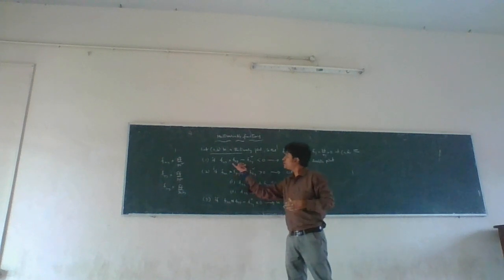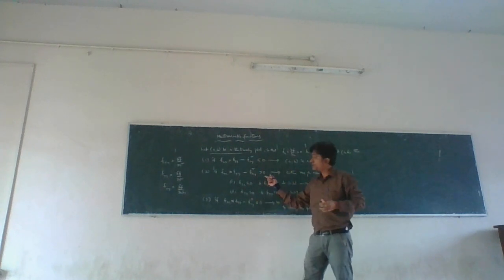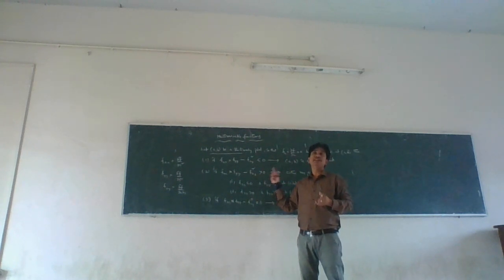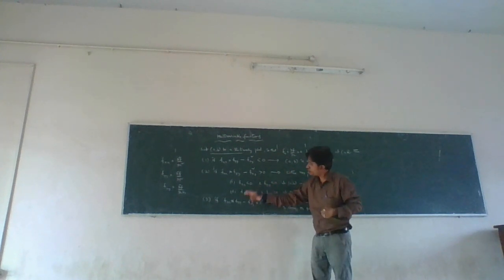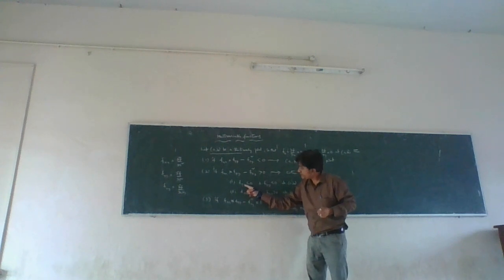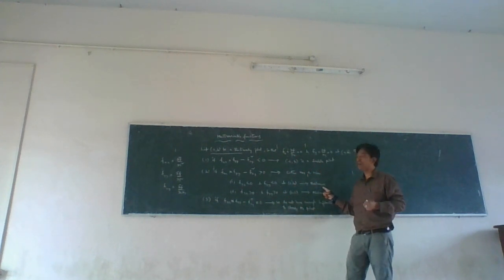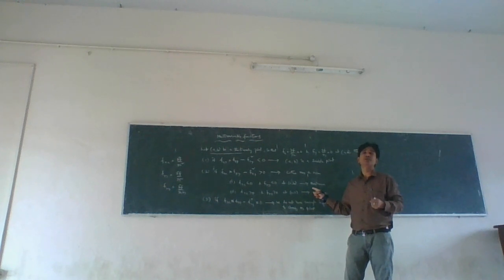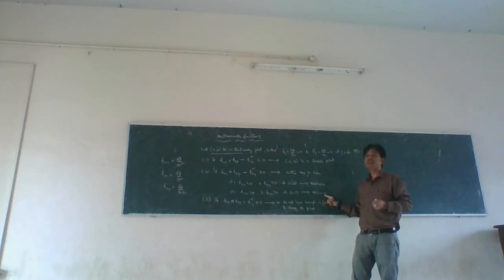If it is greater than 0, then there may be a maxima or a minimum. How will we check maxima or minimum? Two conditions. If both fxx and fyy are less than 0 at that point, then you have a case of maximum. If both are greater than 0, we get a minimum.